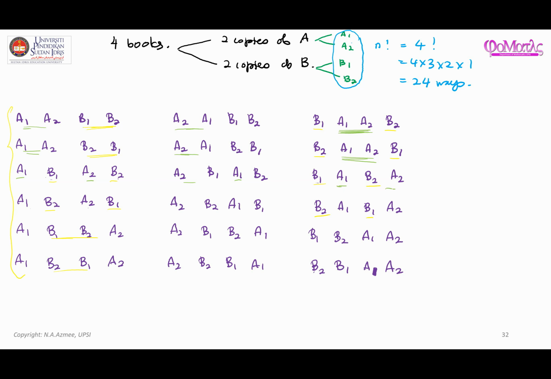So in the next arrangement, that's what I'm going to do. I'm going to switch this, so it becomes B1, A2, A1, B2. I'm focusing on switching A1 and A2. Maintain B2, B1. So maintain the position of Bs, but switching the position of As.